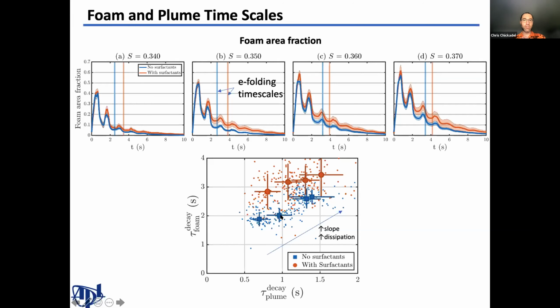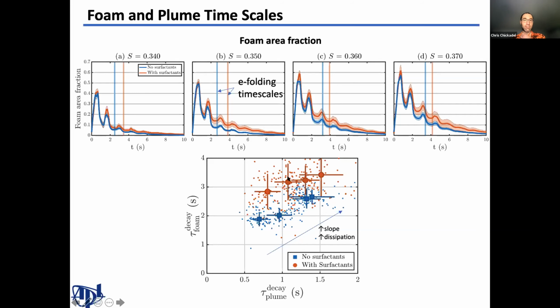Each of the larger symbols, small symbols are individual runs. Larger symbols are the ensemble average for each of the wave slope packet slopes we tested. Effectively, the increase in slope and dissipation is increasing outward, indicated by that arrow.